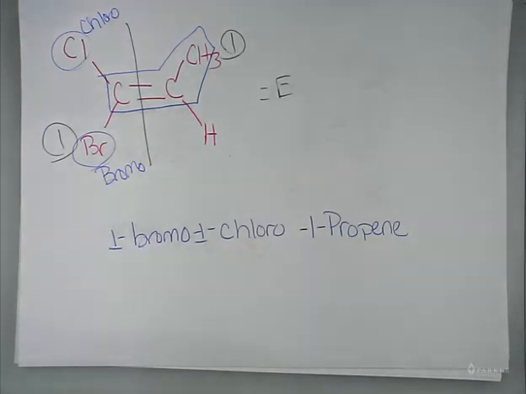Okay, now if I was doing cis or trans, where do I put it? At the very beginning of the name. But if this isn't cis or trans, this is E or Z. Why is it not cis or trans? 3 different groups coming off of there. This will also work at 4. Okay? So what do I put at the beginning of the name?